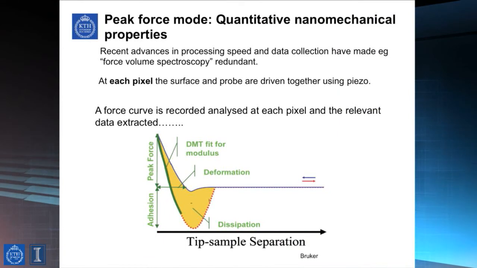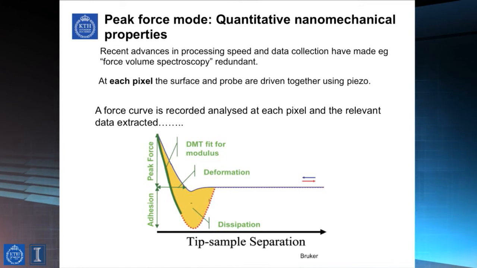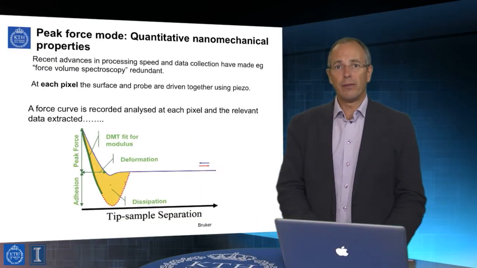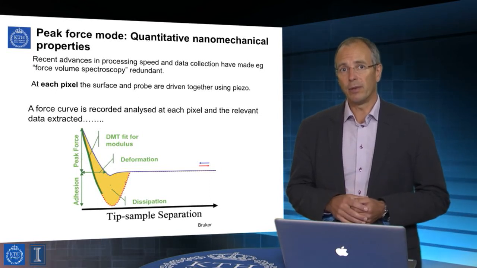Now, as I mentioned before, chemical force volume mode, I beg your pardon, that's been replaced now. One of the things that's replaced it is something called peak force, or quantitative nanomechanical mapping. And this is a technique whereby at very, very high frequency we perform a force curve at every pixel on the surface.